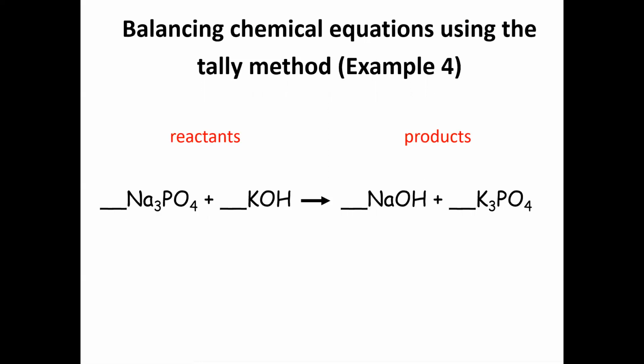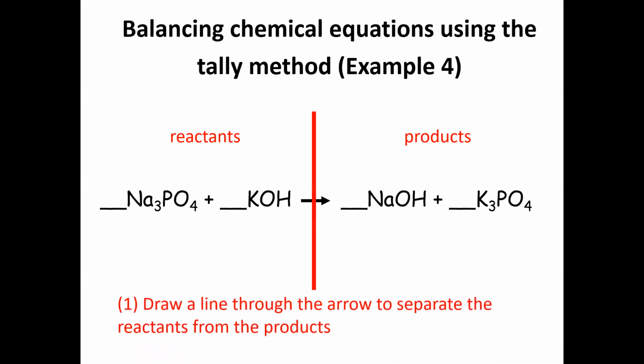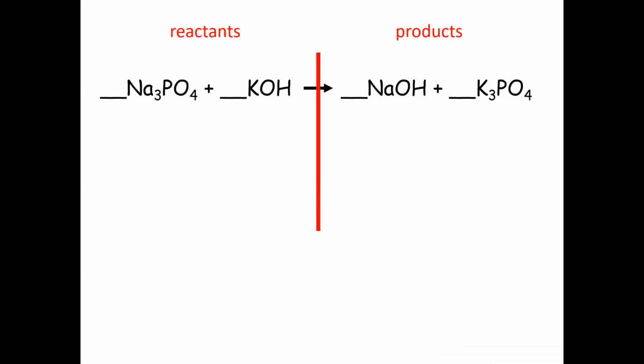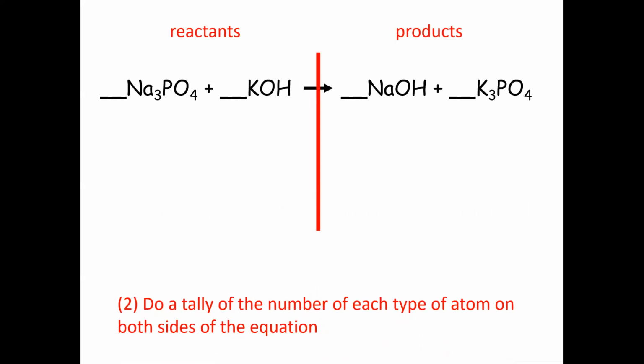So again, identify your reactants and products, draw your line through to separate them, and then you complete your tally. So you can see that you have 3 sodium atoms on this side, you have 1 phosphorus atom, you have 5 oxygens because you've got 4 here and your 5th one here was in potassium hydroxide, you have 1 potassium, and you have 1 hydrogen.